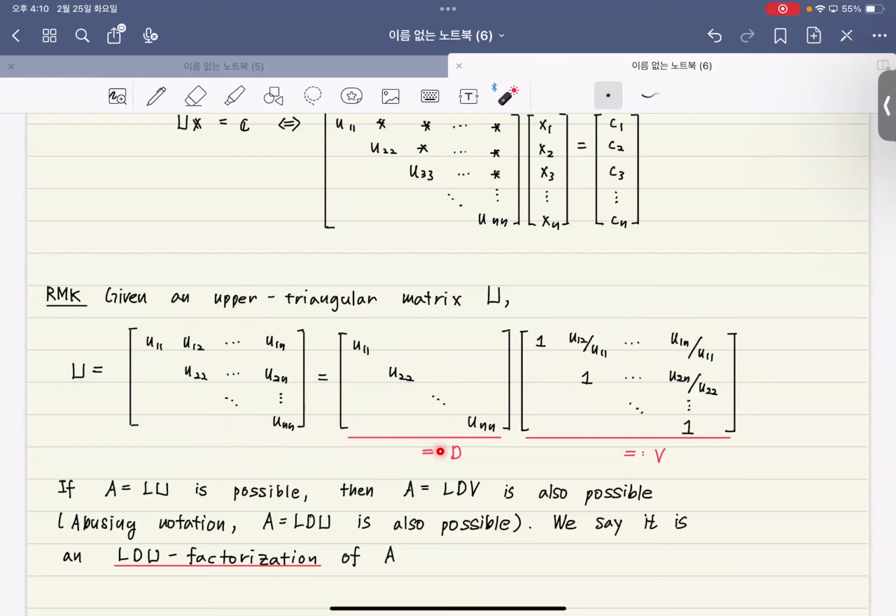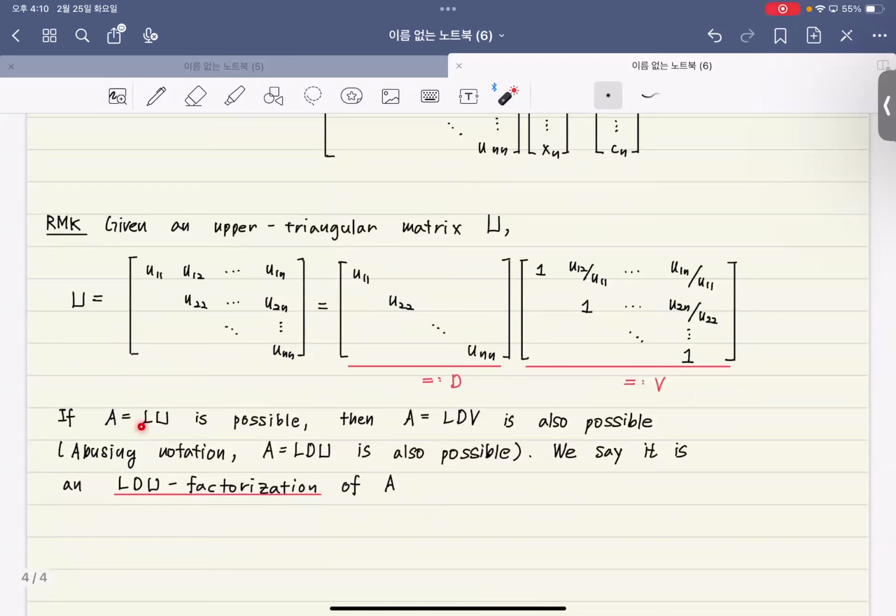Okay, now why this factorization? Let us suppose that an LU factorization of A is possible.